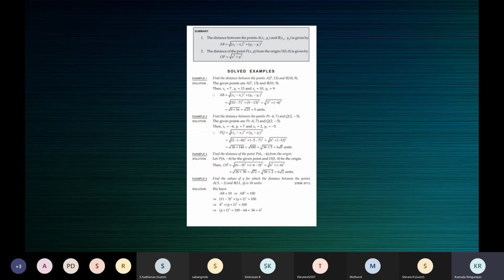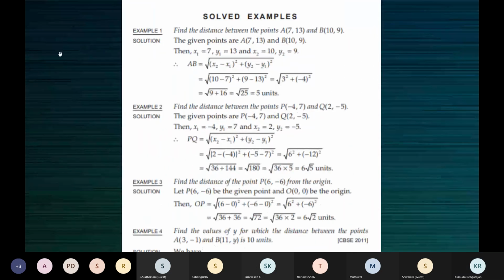Well, if you can see example 2, you can see here that the distance between these 2 points P and Q is 6√5 units. This precision you will not get using a scale. Scale cannot tell you 6√5.